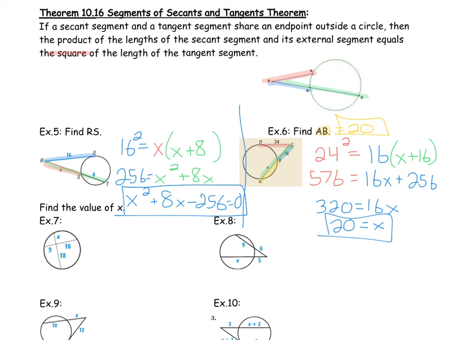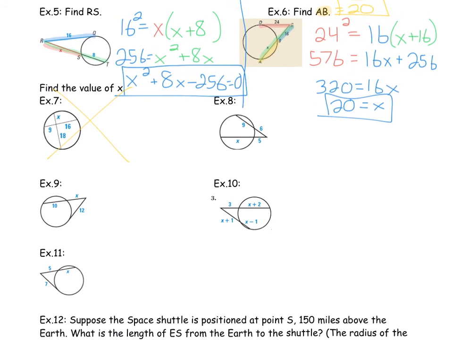Example 7, I actually did for you last week. That is where your chords intersect on the inside. So I'm not going to make you do that again. So we're going to jump down to example 8. Again, this would be a good time to pause the video, try it on your own, and then come back in and see if you got it correct or not. Hopefully you were able to get a value of 13 for x in example 8.